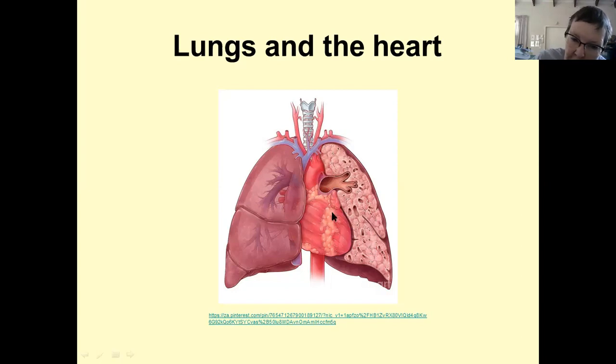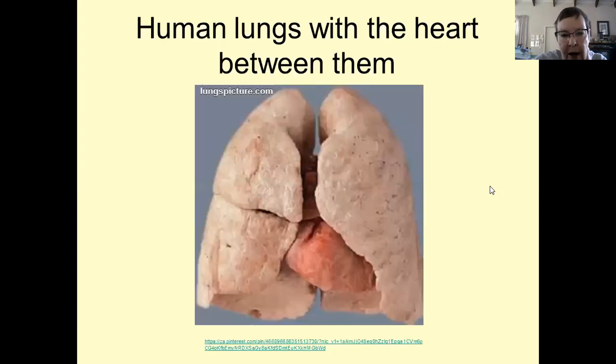And here's the heart in between the two. And you can see that the heart is slightly towards the left side. Okay, it's not exactly medial, slightly towards the left, which is why the left lung is smaller than the right lung. So this shows you human lungs with a heart between them. The color is not a good indication of the color that the lungs would normally be.